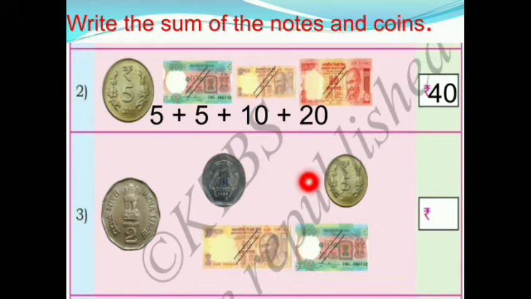Next we should add 5 rupees. 3 plus 5, 8. Next we should add 10 rupees. 8 plus 10, 18. Next we should add 5 rupees. 18 plus 5, 23. Therefore 2 plus 1 plus 5 plus 10 plus 5 is equal to 23.